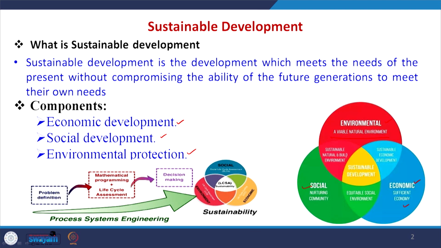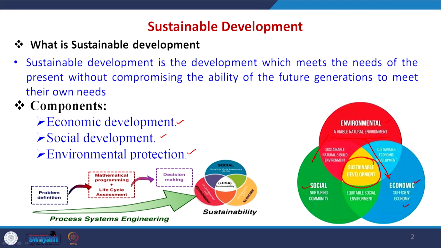Now, when these sections meet each other, for environmental and economic we have sustainable economic development, similarly we have an equitable social environment, and between environment and social we have a sustainable natural built environment. Now, when all three meet together, then we have the sustainable development.